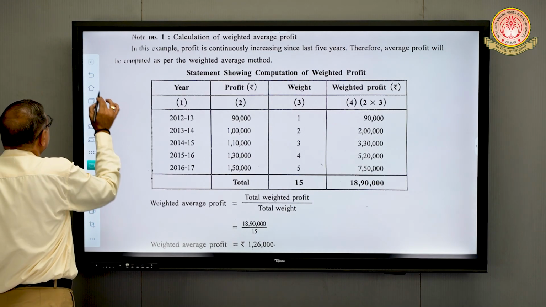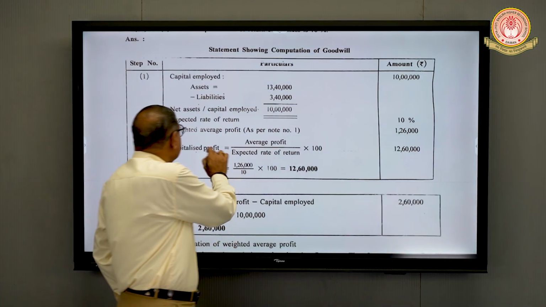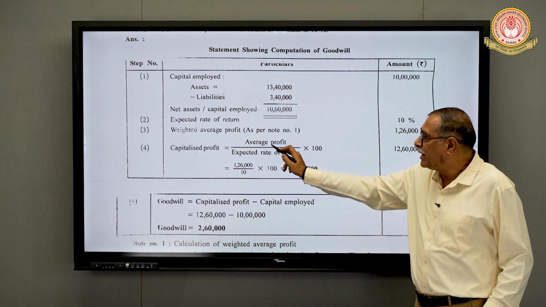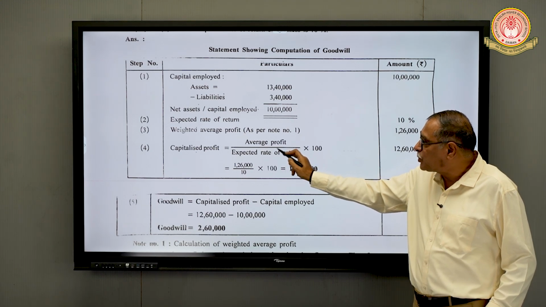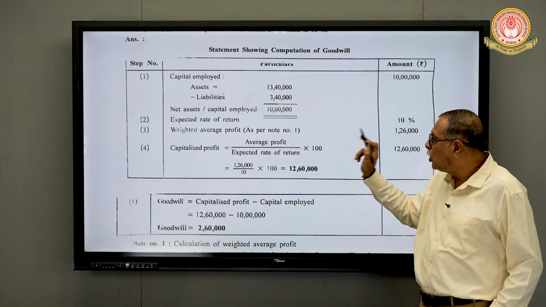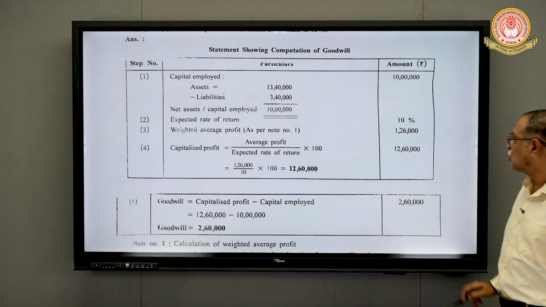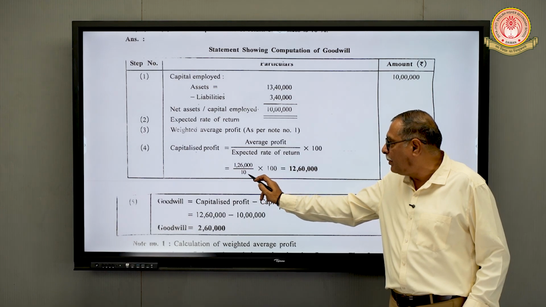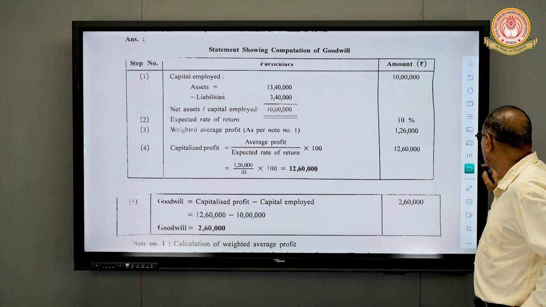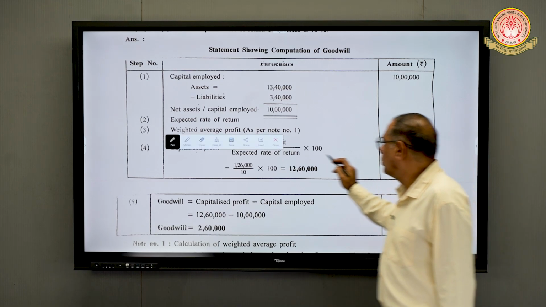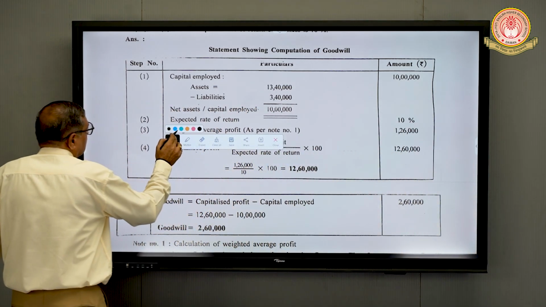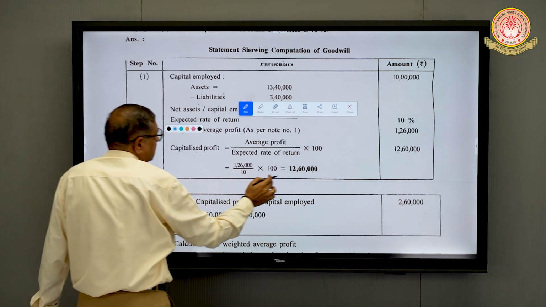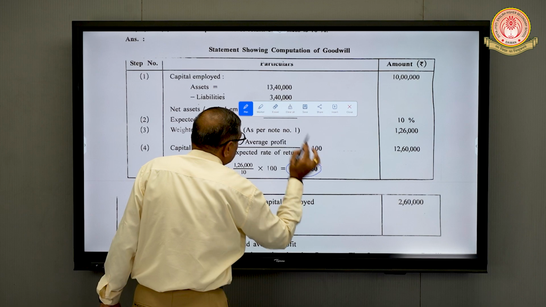So now we have to calculate other things, that is capitalized profit. The capitalized profit method formula is average profit divided by expected rate of return into 100. So average profit in the previous question we calculated 1,26,000 into 100 divided by 10. So the amount is 12,60,000.